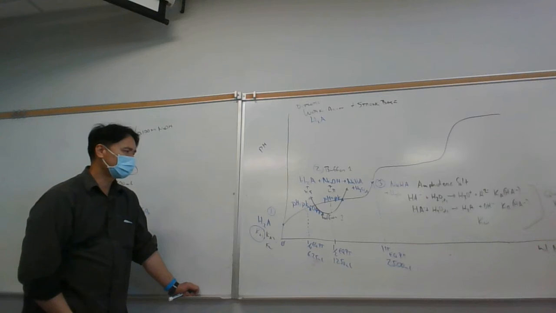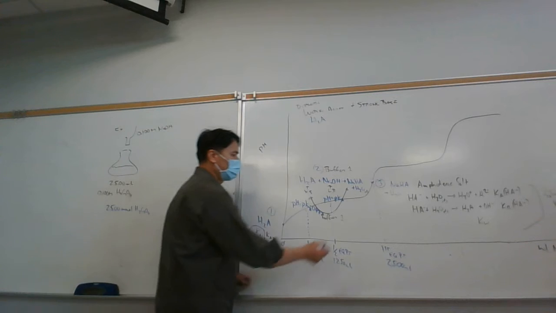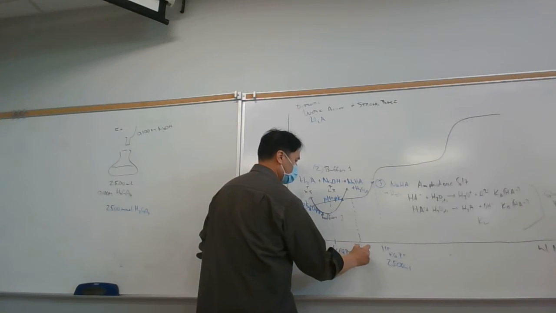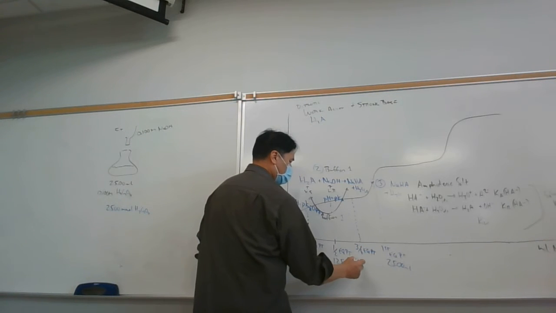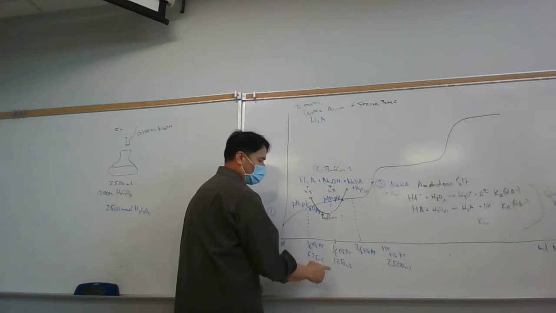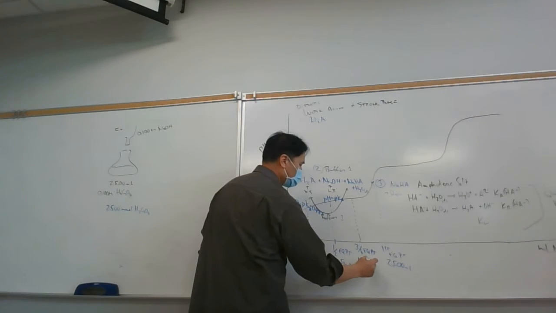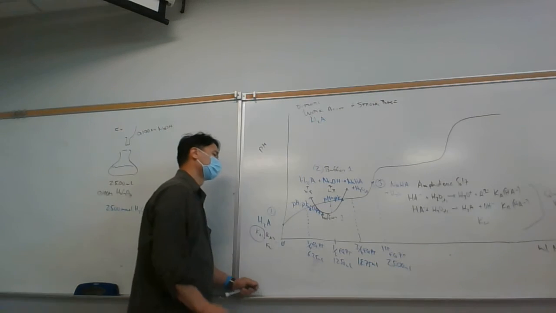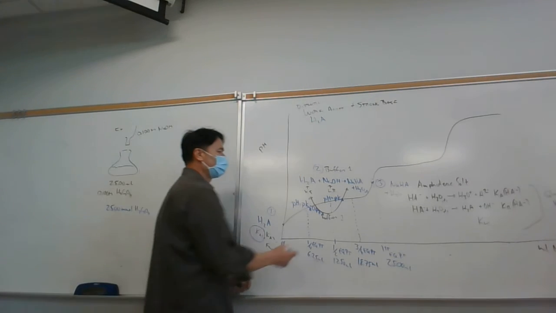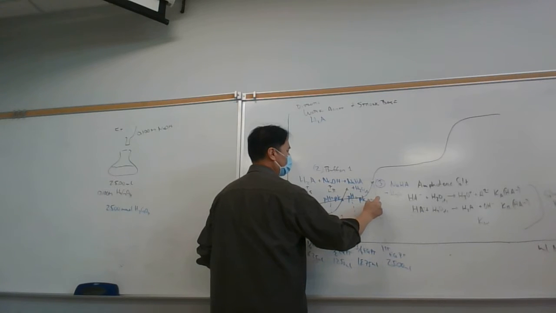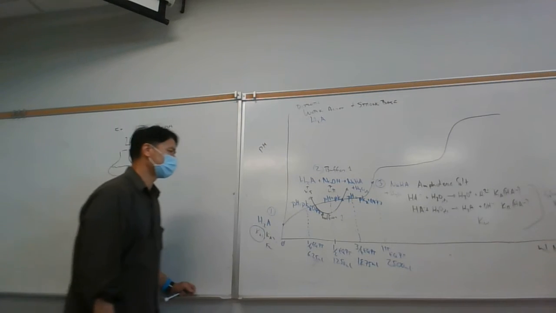We also have the 3/4 equivalence point. The 3/4 equivalence point will come in at 3/4 of 25, which would be 6.25 beyond that. So that's going to be 18.75 milliliters. At 18.75 milliliters, the pH is equal to the pKa plus 0.477.